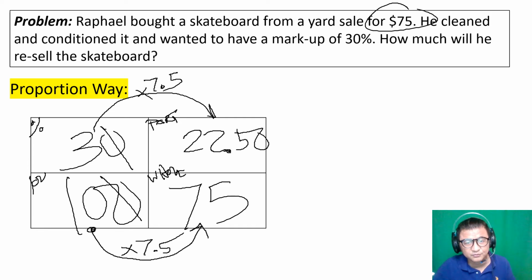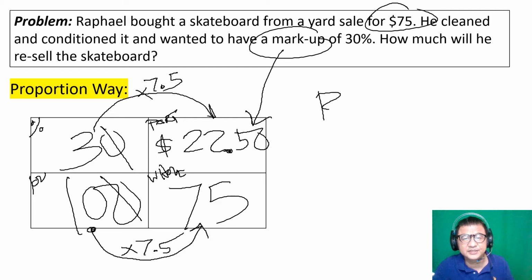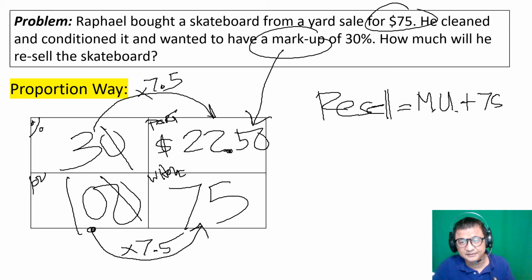22.50 dollar sign. So again, this is the markup. And now how will he resell? Resell is equal to markup plus the $75.